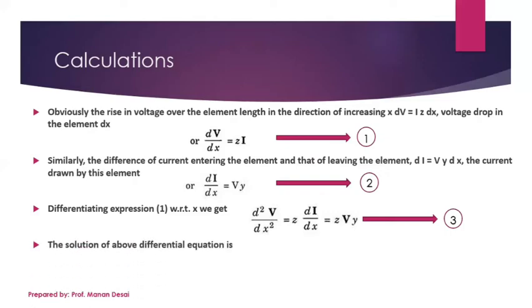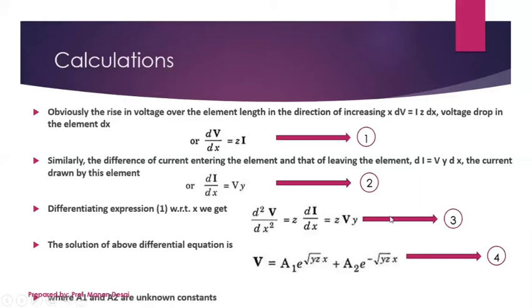The solution of the above differential equation is V is equal to A1 e to the power under root YZ x plus A2 e to the power minus under root YZ x. So it is equation 4.